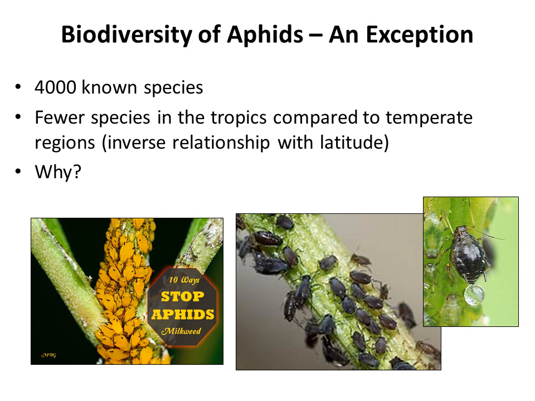So aphids, a group of insects that encompasses about 4,000 species, actually have an inverse relationship with latitude. Fewer species in the tropics compared to temperate regions. So what do we know about aphids that might help explain this? Aphid species tend to only feed on one plant type, and they're actually rather poor at locating it from a distance.